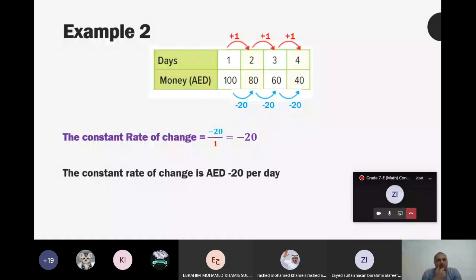The constant rate of change is the change in amount divided by the change in days, or the difference in y divided by the difference in x, or the difference in the dependent variable divided by the difference in the independent variable, which is negative 20. So the constant rate of change is negative 20 dirhams per day.